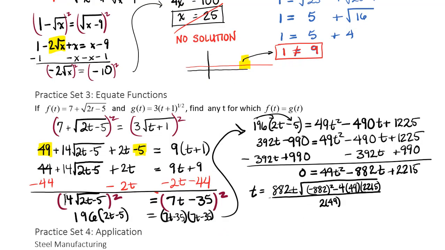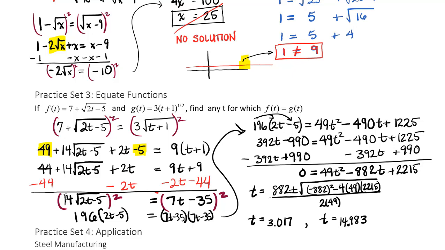Without going into too much detail, the two solutions that you will get from this quadratic equation are t equals 3.017 and t equals 14.983. Now, you remember, since we've squared both sides of these equations, we're going to have to check the solutions.